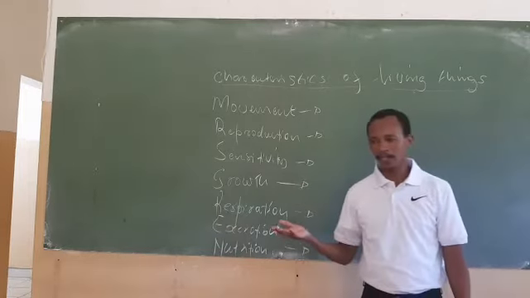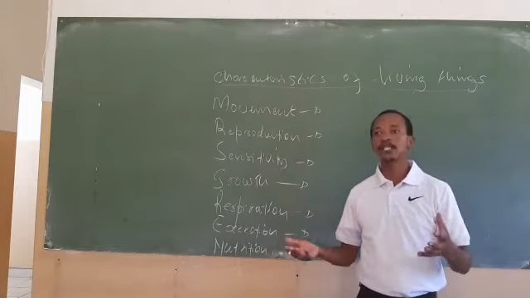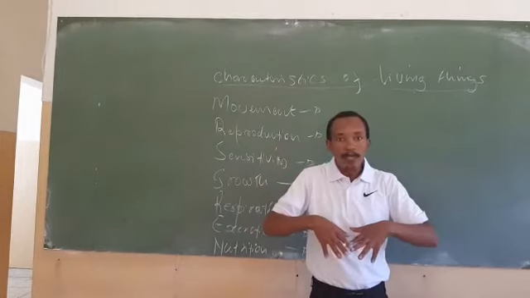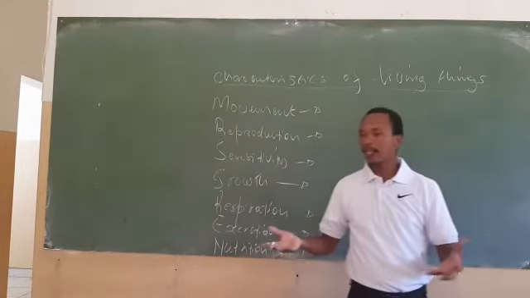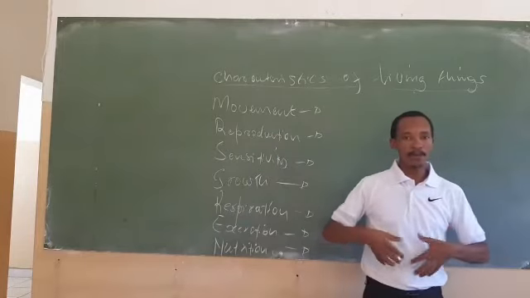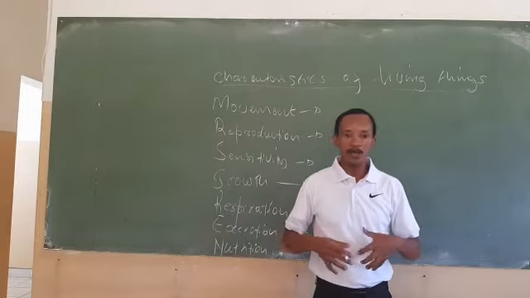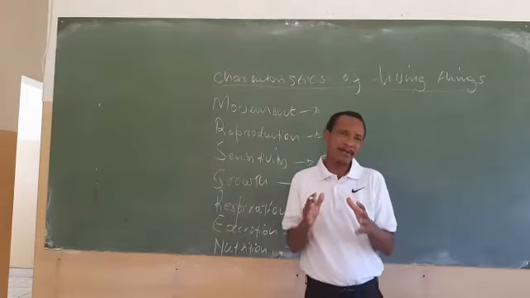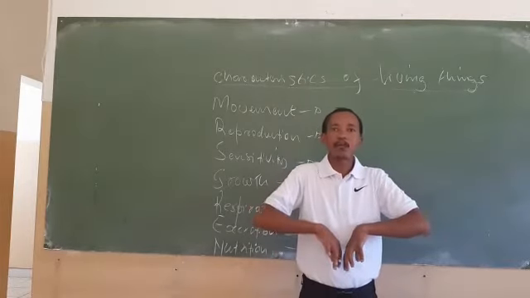What is sensitivity? Sensitivity is the ability of a living organism to sense the surrounding, both the inside of the organism and the outside of the organism. Take for instance your stomach, you don't feel good. Something is happening within. The body feels that discomfort. You think, I'm not okay today. That is the internal environment, not feeling good.